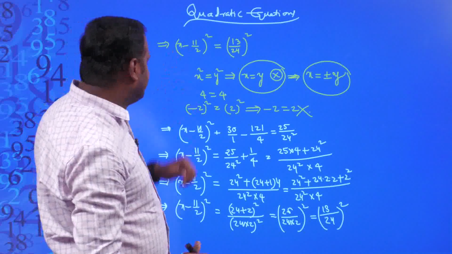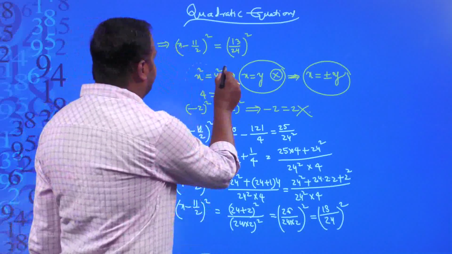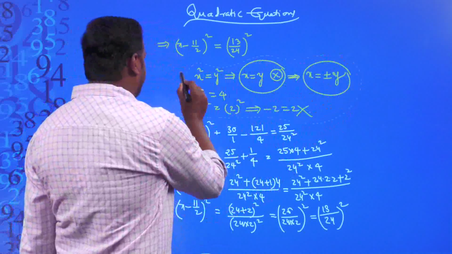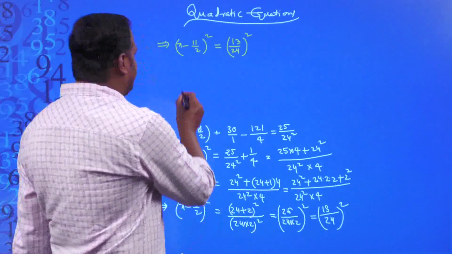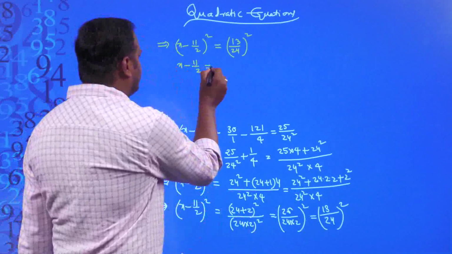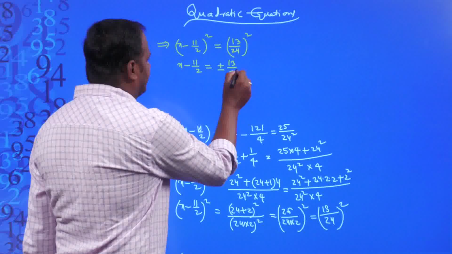Right. X minus 11 divided by 2 whole square is equal to 13 divided by 24. So, according to our discussion, we can say that x minus 11 divided by 2 is going to be plus or minus 13 divided by 24.